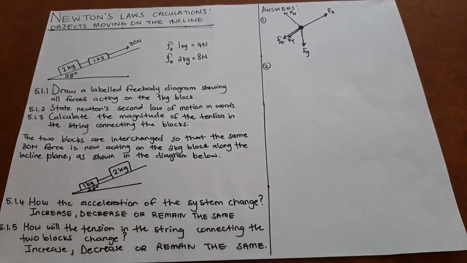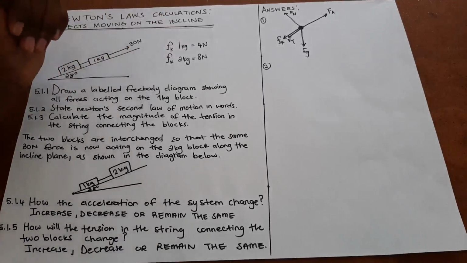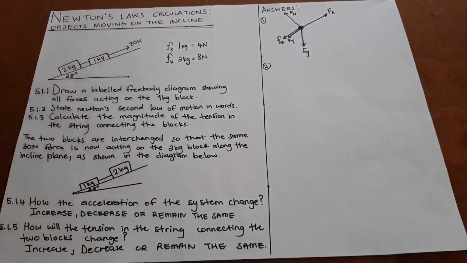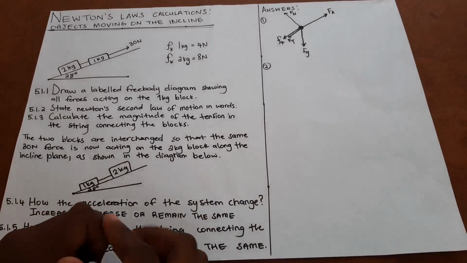Let me re-emphasize this: it's a must for you to know Newton's laws. Newton's first law, Newton's second law, and Newton's third law. You must be able to say them in words, because these are like 3 marks, guys. Come on.